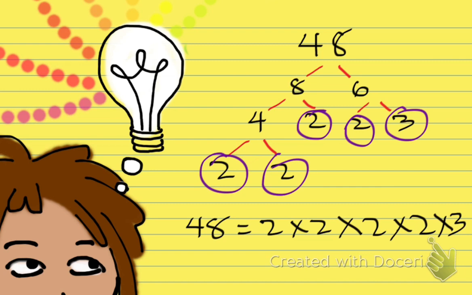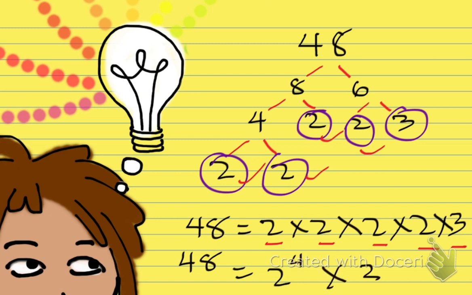Let's count how many 2's. 1, 2, 3, 4. So these are the prime factors of 48. Or we can write this also as 48 equals 2 to the 4th power times 3.